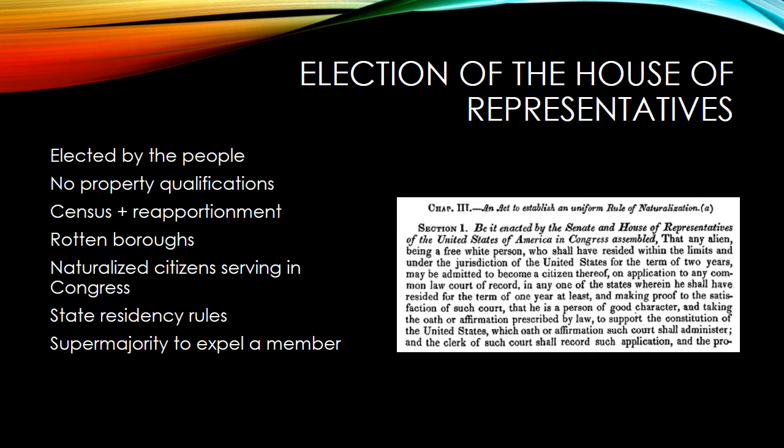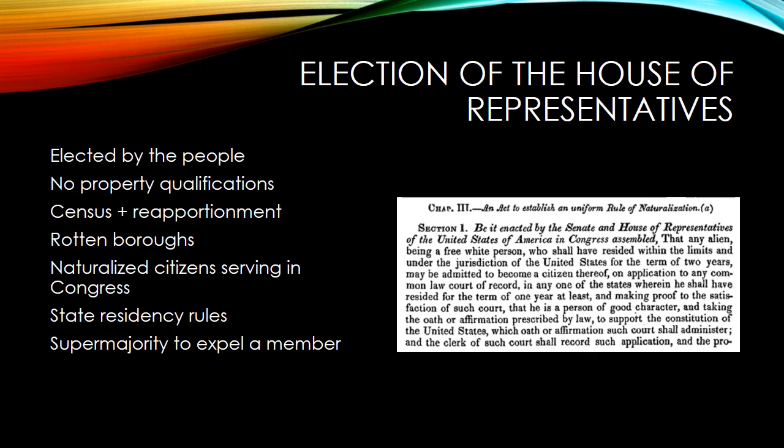In contrast with the Confederation Congress, the House of Representatives delegates were actually elected by the people. In the Articles of Confederation Congress, people had to meet a high property qualification. There was no property qualification to be a member of the House of Representatives, but because the framers were very suspicious of people who didn't have property, they wanted to make sure that there would be checks on the new Congress.